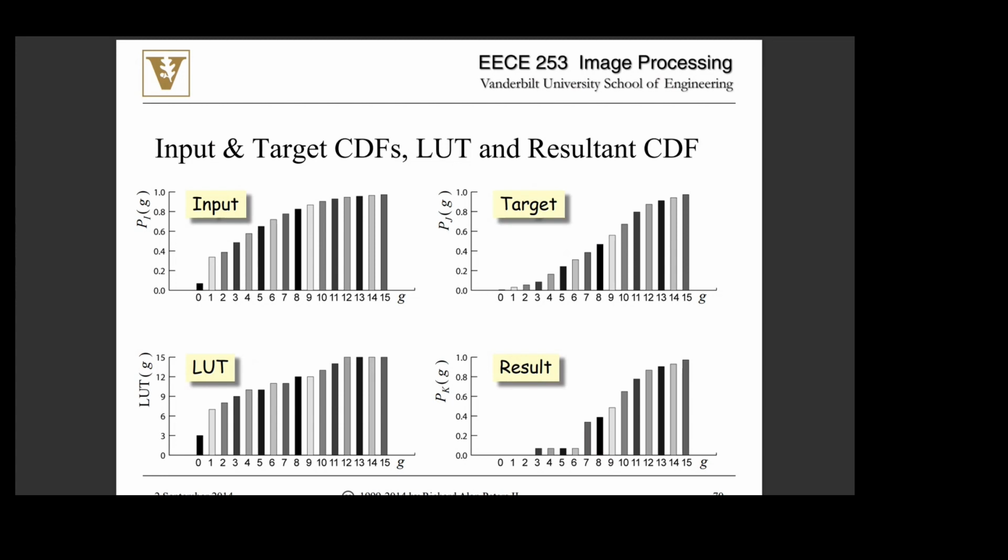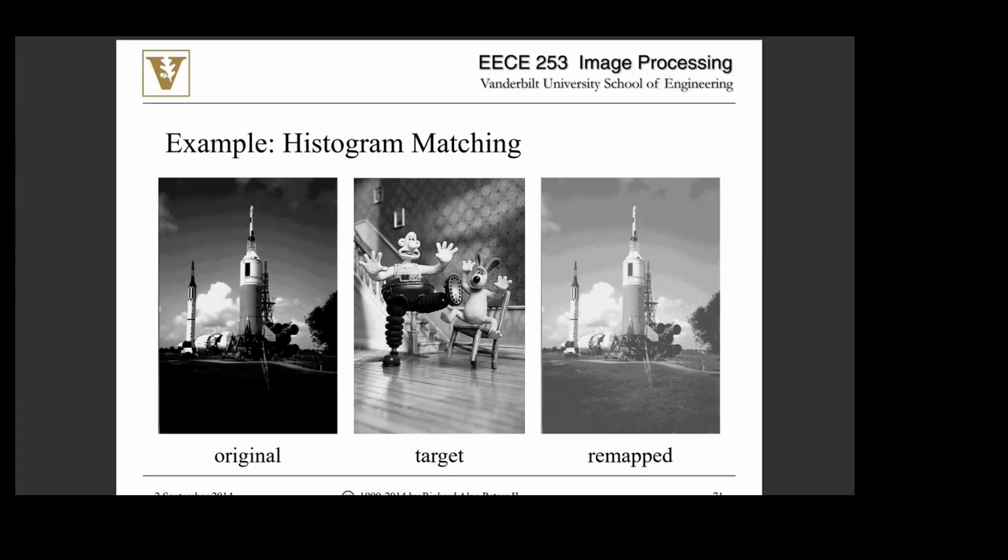It is much more similar than the original, but it is not exactly the same. So here, for instance, let's say that I have this image, and this is the kind of histogram that we want to have. In general, this image is darker than this one. So if I remap this histogram to look like this one, the image should become brighter. That is what happens.